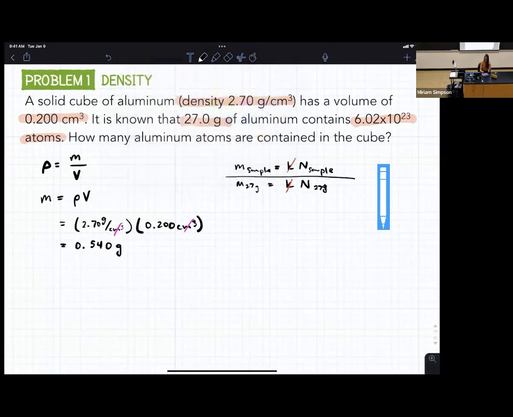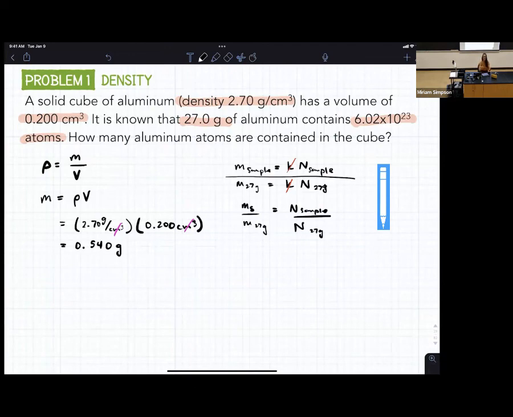That gives us mass of your sample over N of your sample is equal to mass of 27 grams over N of 27 grams. So all we've done is make a ratio of these things. There's other ways you could do it.